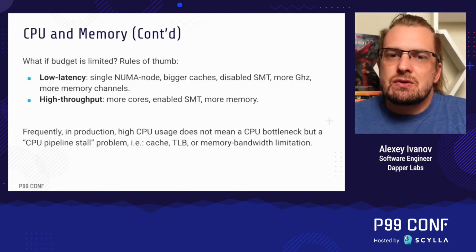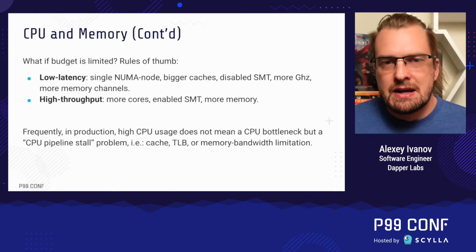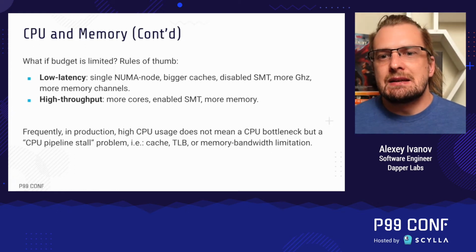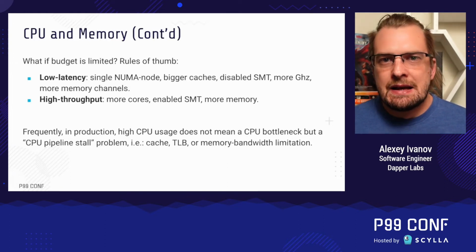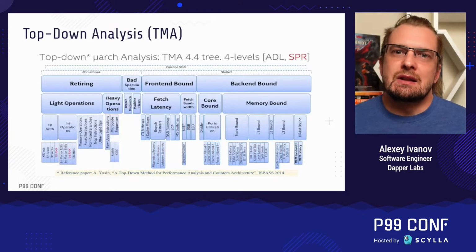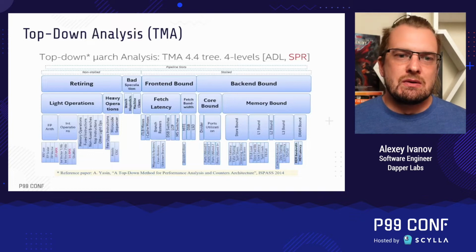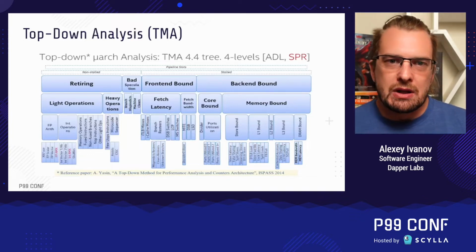Speaking about measuring CPU load, it gets a bit trickier. When you usually look at CPU busy, that doesn't mean the CPU is actually doing useful work. Maybe it's just waiting for data. There are a couple of methodologies that allow you to drill deep into the CPU pipeline layer by layer and discover where the actual bottleneck is.